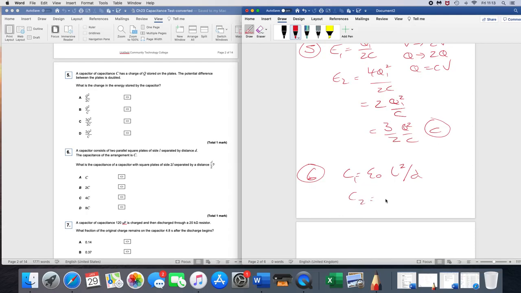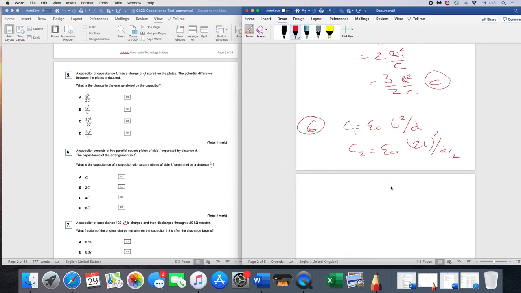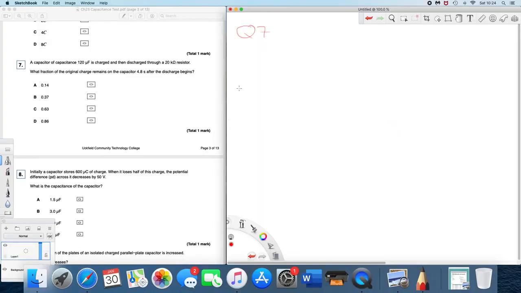So C2 then would be epsilon naught 2L squared over D over 2. So that is 4L squared times 2, 8L squared over D times epsilon naught. So it's going to be 8 times the capacitance. The answer is D.